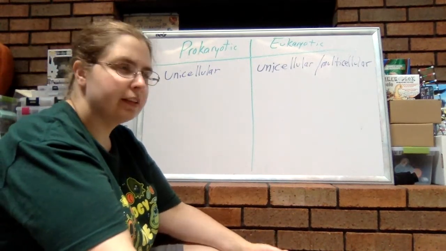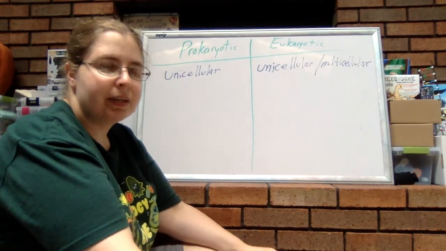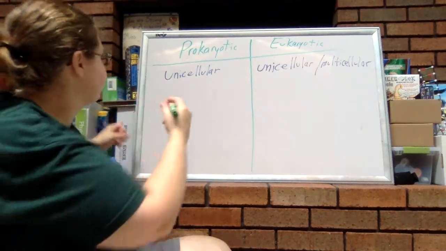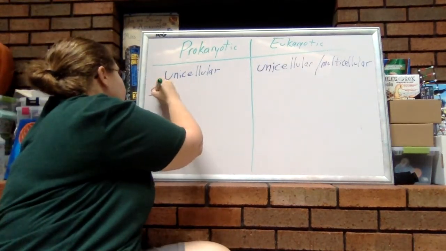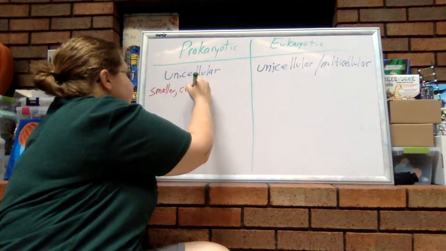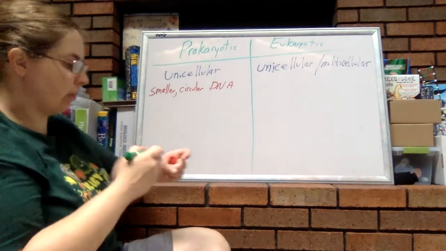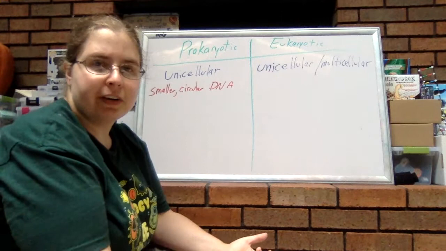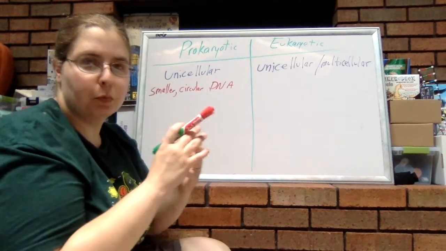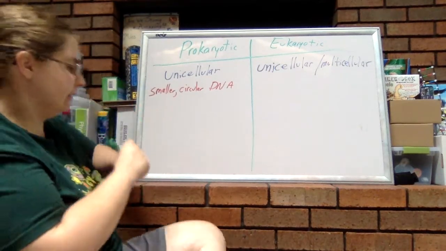So their DNA is a lot smaller, and because it's so much smaller, it tends to be circular, so it actually loops together. Now, eukaryotic cells, their DNA tends to be larger and it is more in a line, so it's more linear. The two ends don't connect.